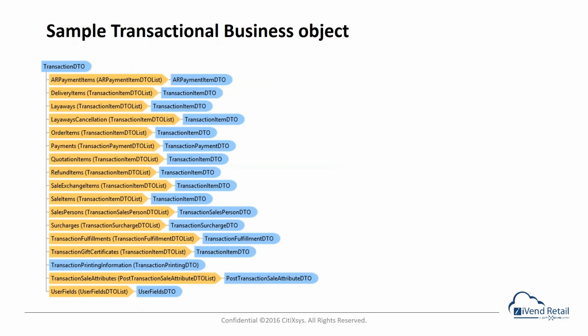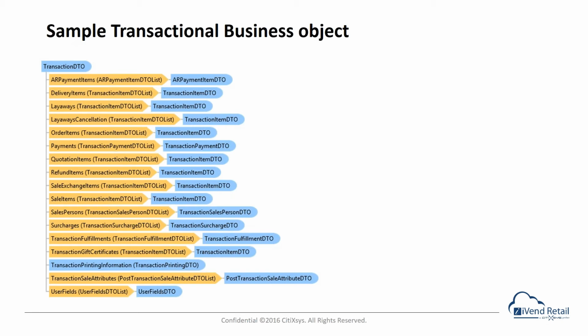Similarly, if I show you something related to transactional business object, that's transaction DTO object. Now, if you map it to iVend POS transaction operation, then you have AR payments, and then you have delivery items, you have layaways, layaway cancellations, order item, payment, quotation, refunds, sale item, sale person, surcharge, all of those things as sub-objects inside transaction DTO object.